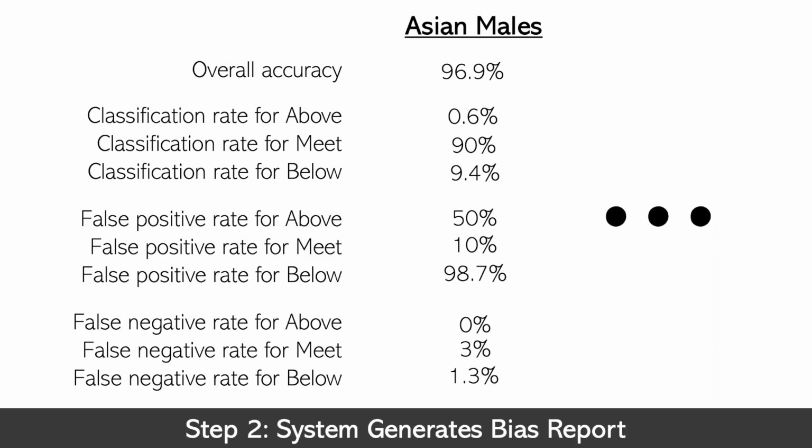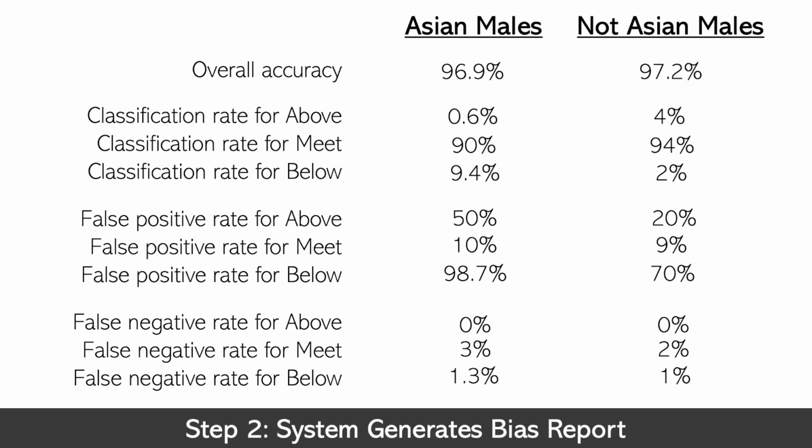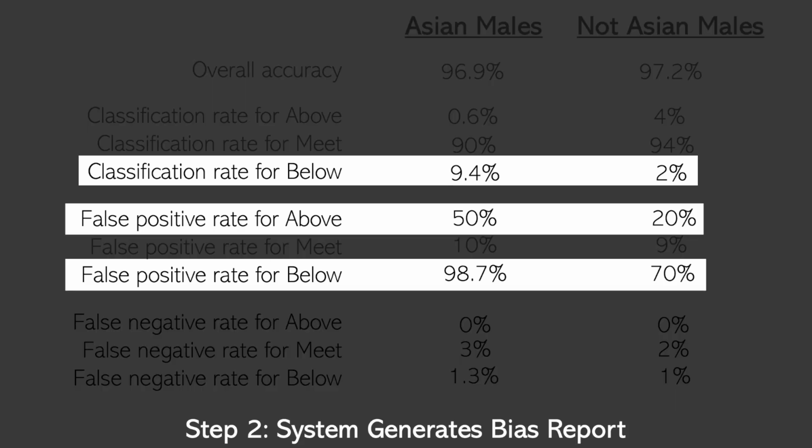Besides simply showing the performance measures, the bias report also tells you whether your model is biased against Asian males. What it does is compare the performance measures of each demographic group with its complement. For example, the bias detection tool compares the measures of Asian males with those of people who are not Asian males. There are a few measures that have a pretty large difference between the two groups.